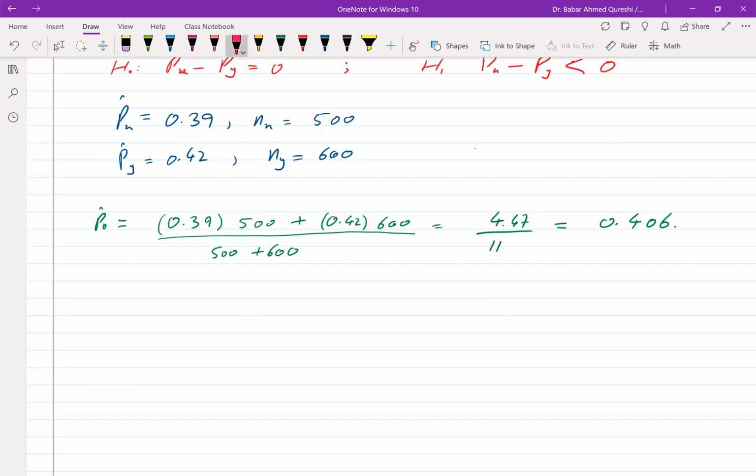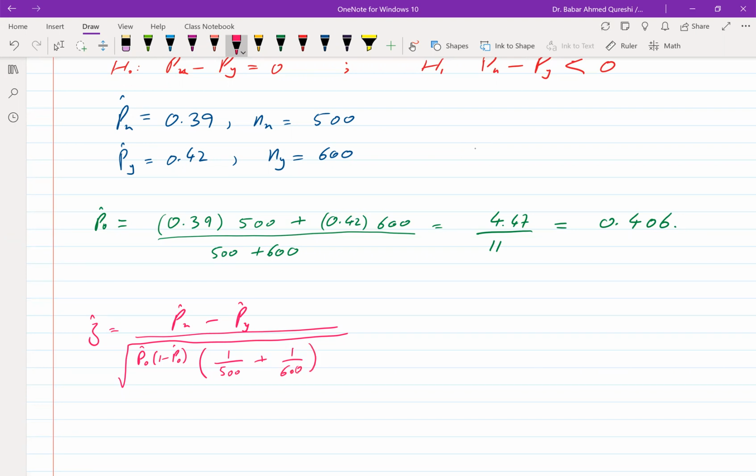Now I have to compute this variable. I put in px minus py. Well, let me write it down. And what I can do, I can take this common. And I have 1 over 500 plus 1 over 600, because that thing is common in the numerator in both.